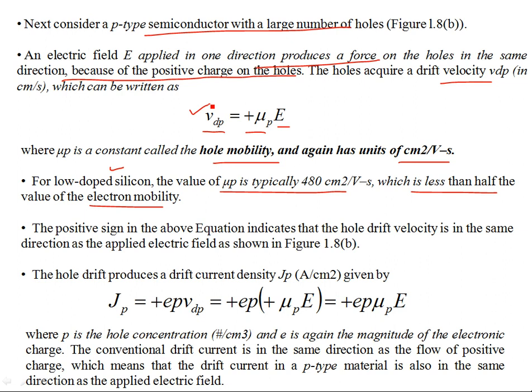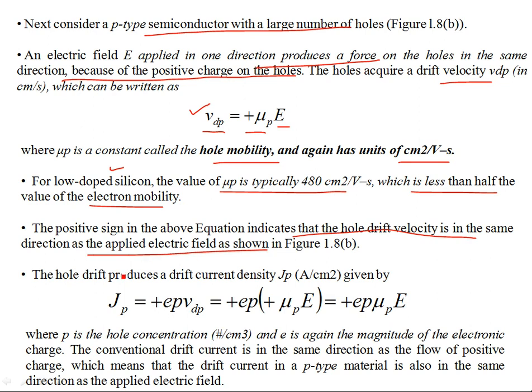They can contribute to the conductivity of the material more than the holes. The positive sign in the above equation indicates that the drift velocity is in the same direction as the applied electric field.